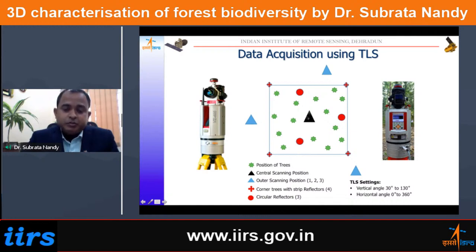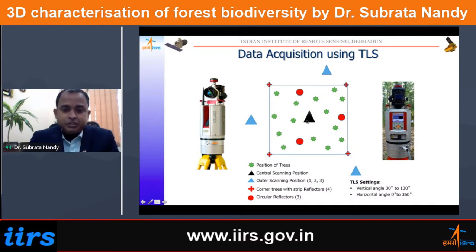So first of all, you have to scan from the center, so it scans the whole thing. One more thing, these red things are called circular reflectors or retro reflectors. These are placed in such a manner that when you are scanning from any area, the face of these reflectors should be visible from the scanning angle.